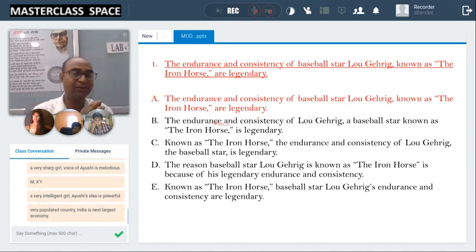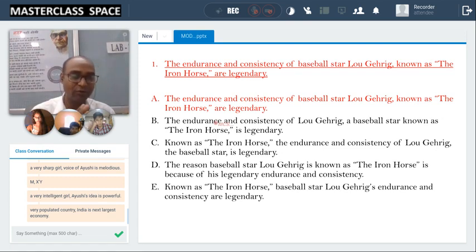So here, what is the phrase? Very populated country, right? It is a phrase, and after the phrase there is a word that's called India. It is very clear that India is a very populated country.